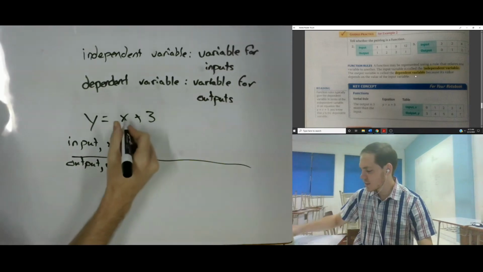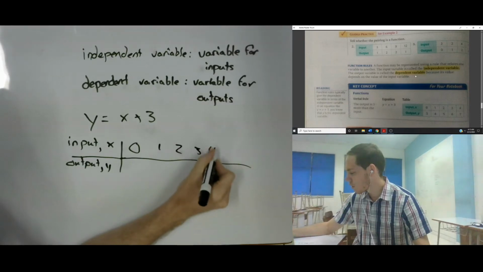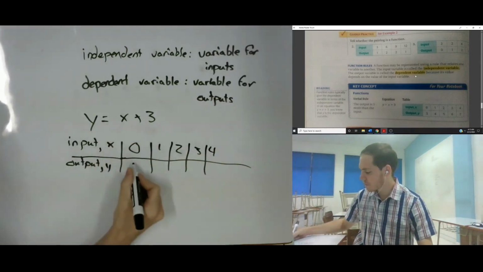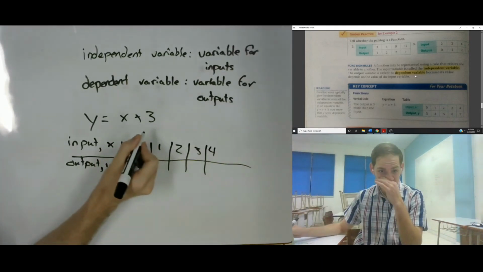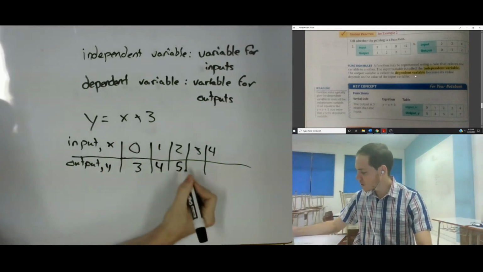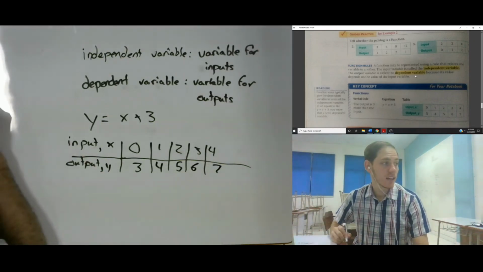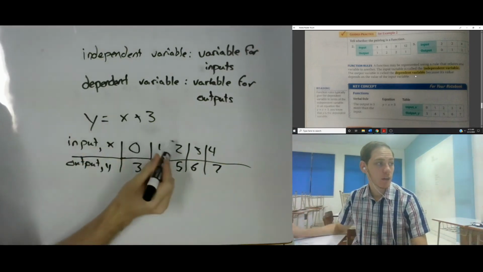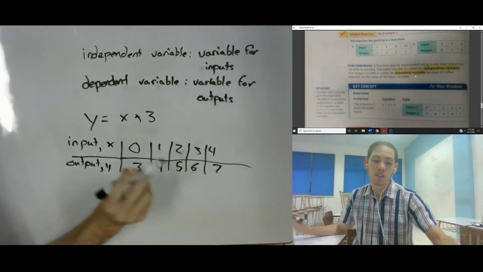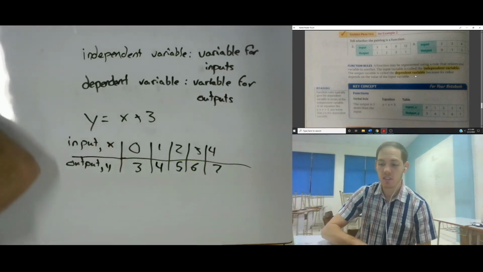So inputs are 0, 1, 2, 3, 4. And we just plug it in. So plug in 0, we get 3. Plug in 1, we get 1 plus 3 is 4. Plug in 2, we get 5. Plug in 3, we get 6. Plug in 4, we get 7. Okay? So notice, this went up by 1 on the top. The bottom went up by 1 each time too. Okay, that's kind of a key feature of this x right here.